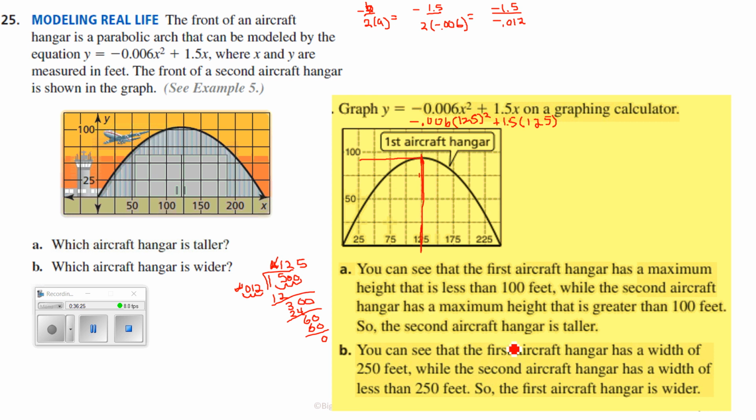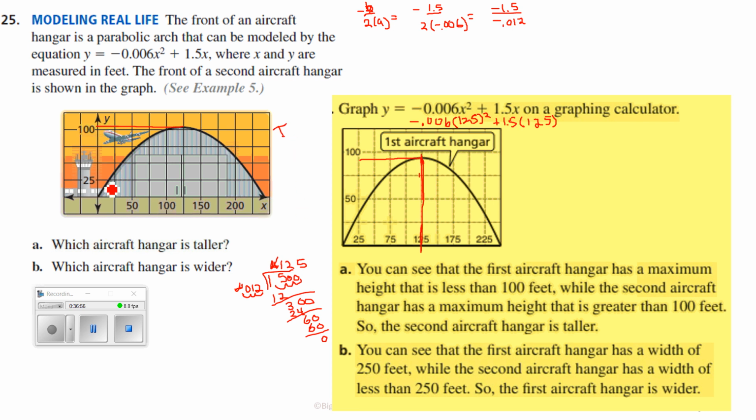So you can see that the first hangar has a maximum height less than 100 feet, right? While the second aircraft hangar has a maximum height that is greater than 100 feet. You can see that over here, because this is 100. So the second hangar is taller, right? The second one is taller.